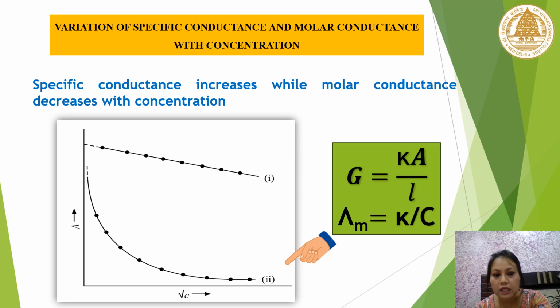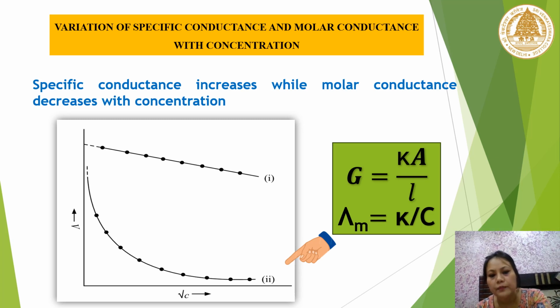And if we increase the concentration of any electrolytic solution, it is quite obvious that the number of ions will also increase, whether we talk about weak electrolyte or strong electrolyte. The total number of ions is going to increase in an electrolytic solution as the concentration increases. So that's why total conductance increases, and as the specific conductance is directly proportional to the total conductivity, the specific conductance is obviously going to increase. So that explains the fact.